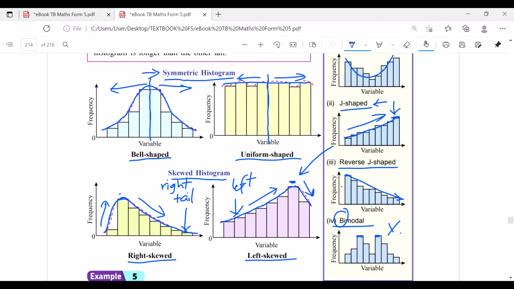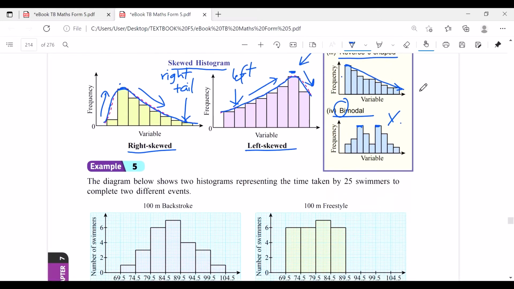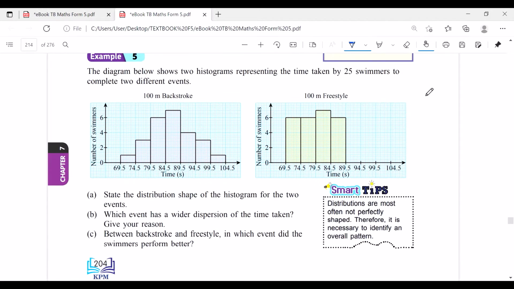Okay. So we move to one example to make you understand better. Example 5, the diagram shows two histograms representing the time taken by 25 swimmers in two different events, the backstroke and the freestyle, 100 meters. So you look at the two histograms.